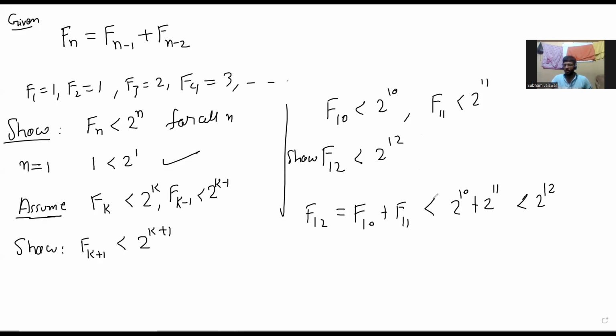And this is less than 2 to the 10 plus 2 to the 11. That's our assumption, right? Now, how do we show this, just that last thing? Why is it less than 2 to the 12? That's another thing which we need to show.